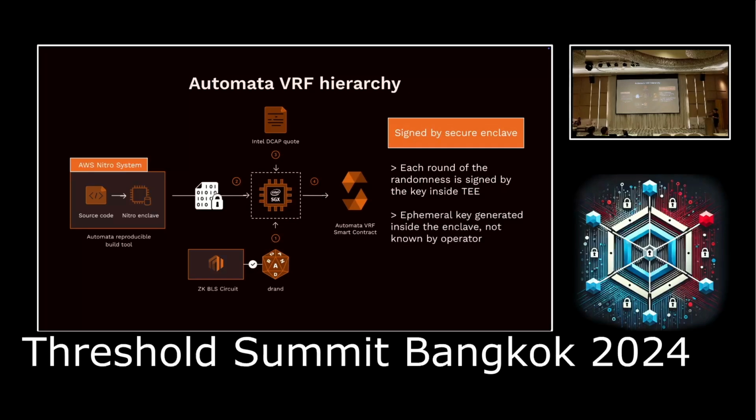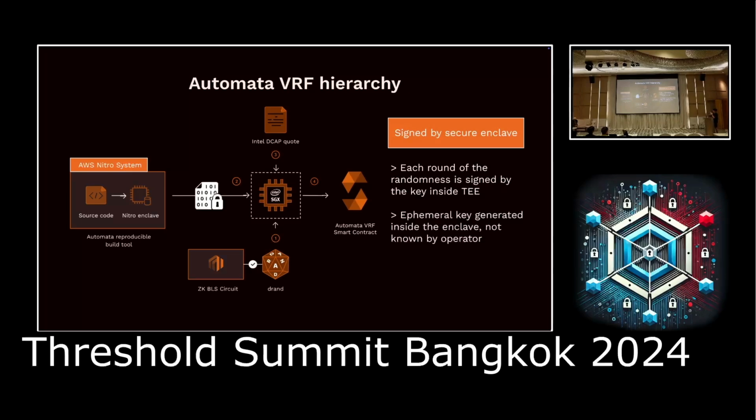As I mentioned, in order to ensure the whole randomness is correct, we also need a signer inside the TE enclave to sign over all the attestation it has, including the current round of the randomness.